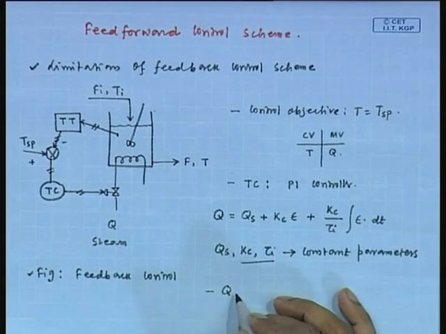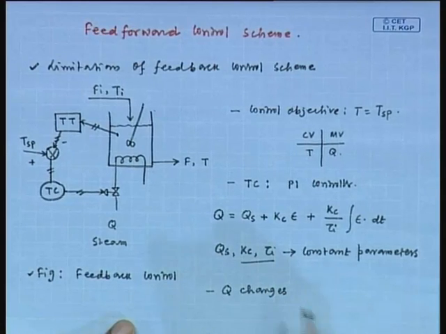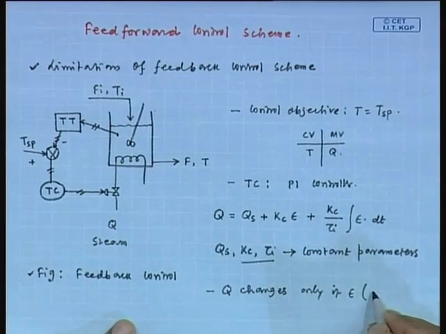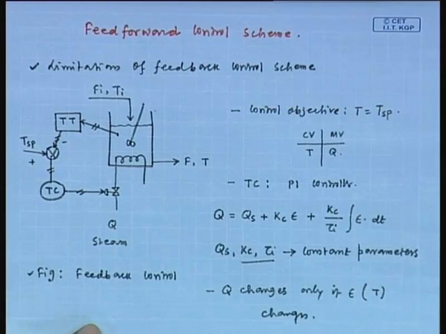So, we can say that Q changes only if error changes, that means only if temperature changes, because T set point is again constant.